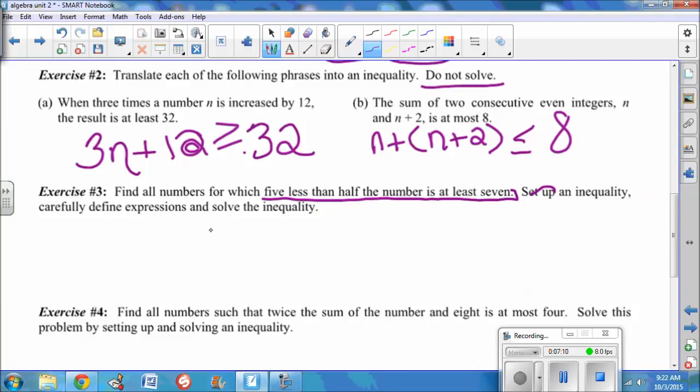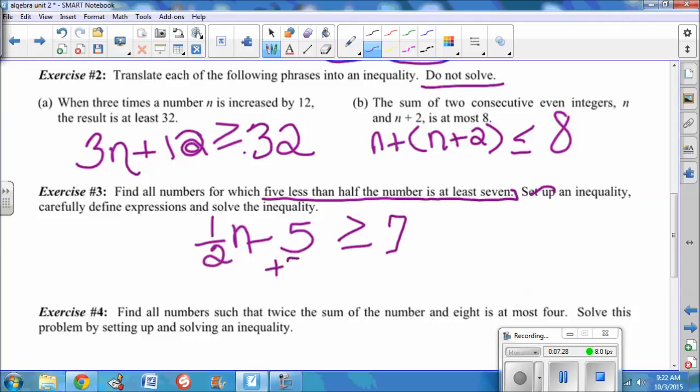So, I'm sorry, less than half a number is at least 7. So 1/2 n, remember that less than means we need to switch the order in which it's written, in English, is at least, greater than or equal to 7.